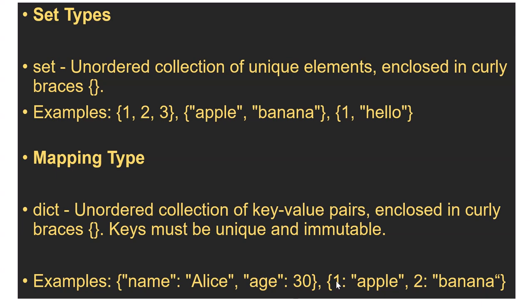This is an example of another dictionary, whereby we have 1 as the key and the value is apple. Then a comma, 2 as the second key and the value for that key is banana. You can see that the key and the value are separated by a colon. Good. So those are the data types that we have in Python.